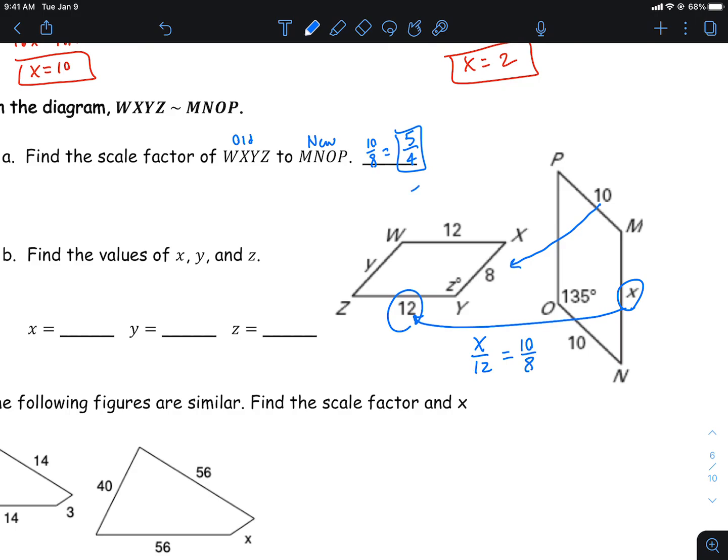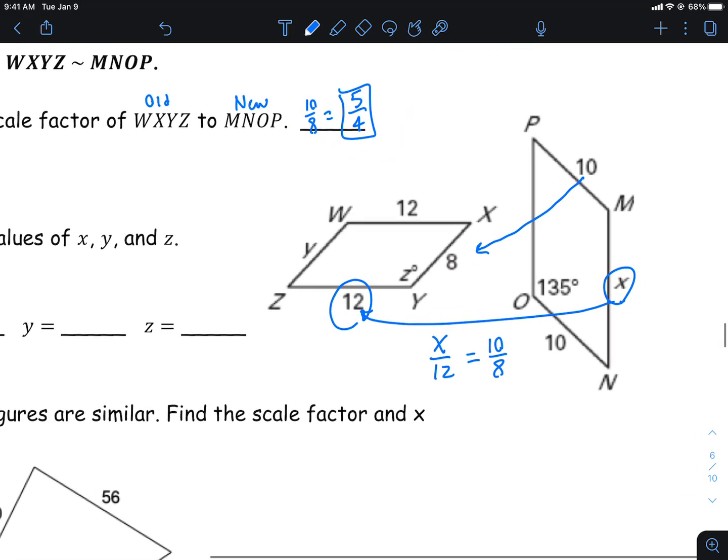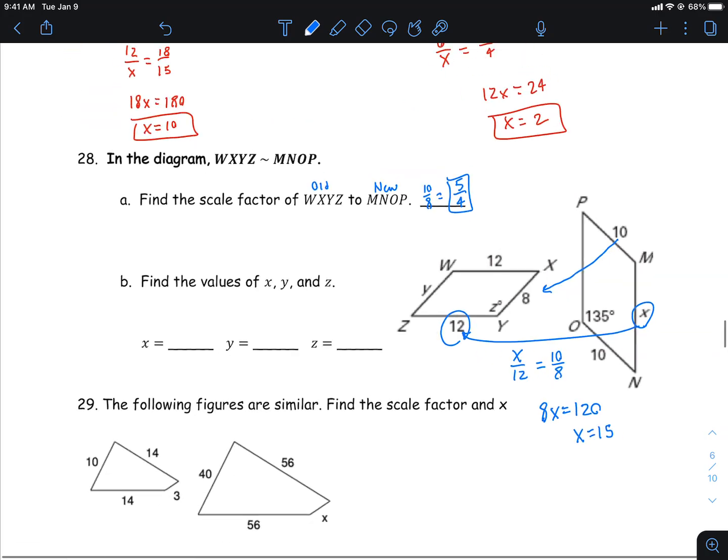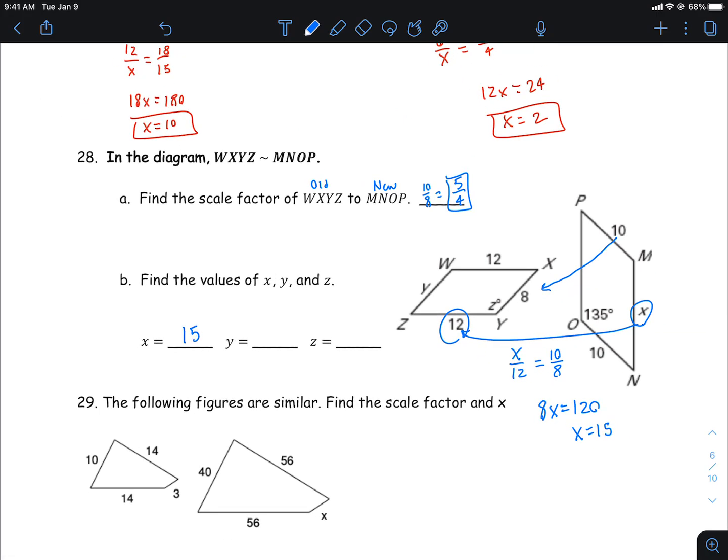Now you can use 5 over 4, your scale factor, if you want to do that, but usually I just write that and then use my calculator. 8x is 120. Fairly certain that goes in even. 120 divided by 8 comes out to x equals 15. So that's that proportional side of x.